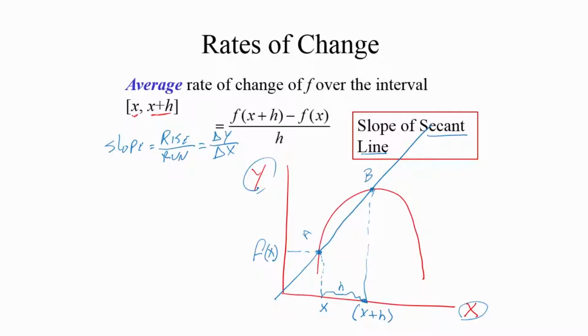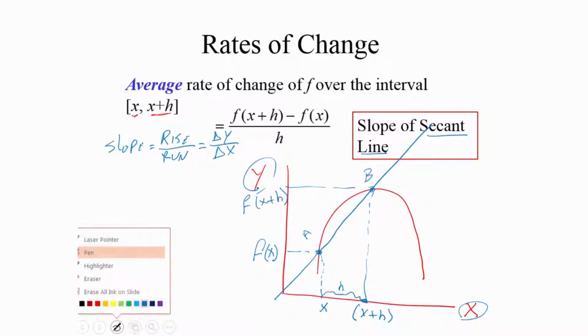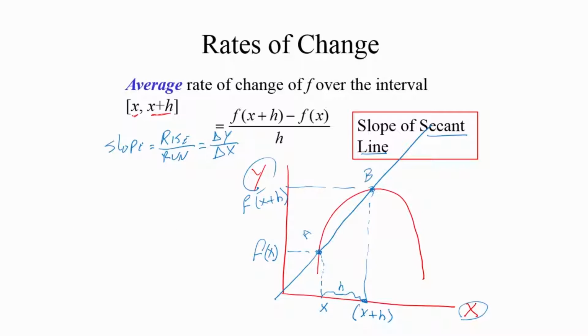It's just h above x, and the y value would be f of x plus h, whatever that number is. So clearly, if I want to figure out rise over run, I will do this. Now from here to here is a change in y. From here to here is a change in x.